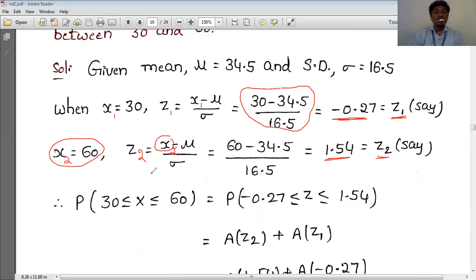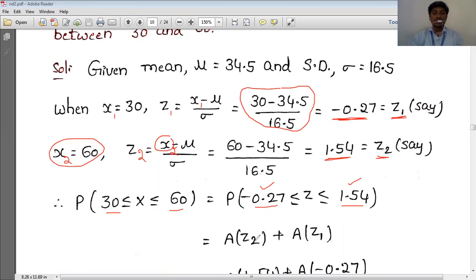Now what they asked is between 30 and 60, so P of 30 less than x less than 60, and we got the values minus 0.27 and 1.54. Already we know, based on the formulas, that one is positive and another one is negative. So Z1 is negative and Z2 is positive.